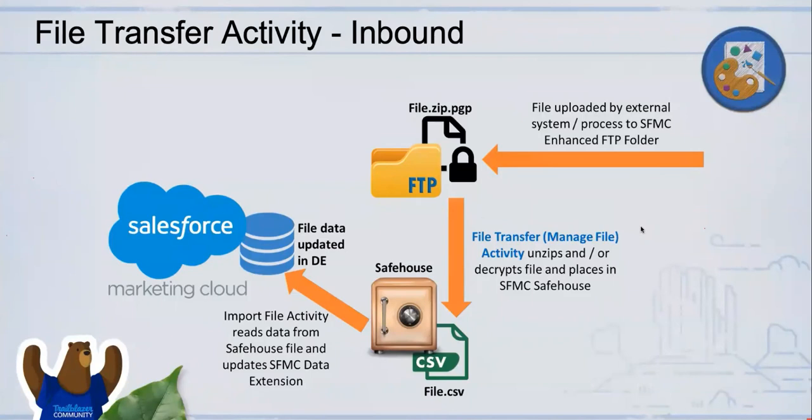That can be configured separately. But as part of the file transfer activities, step 1 is done by file transfer. And then step 2, which is moving the file from Safe House to Marketing Cloud, let's say you want to upload that data into a particular data extension. That is done by an import file activity.